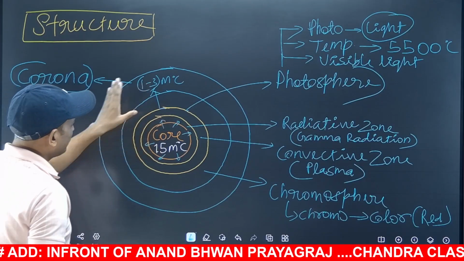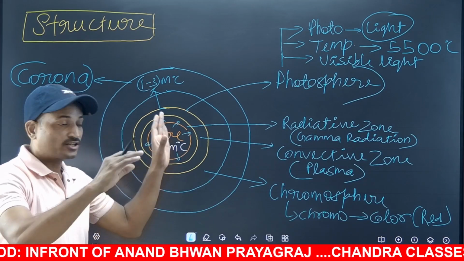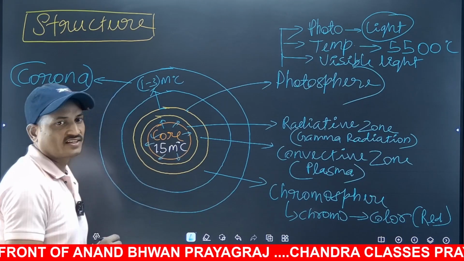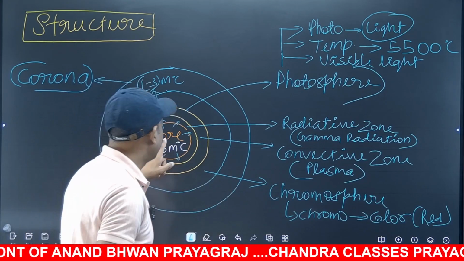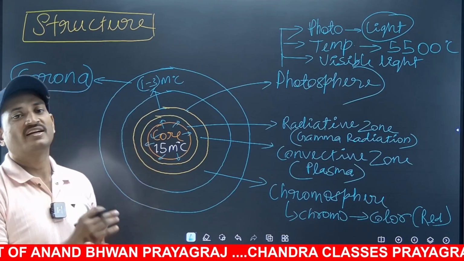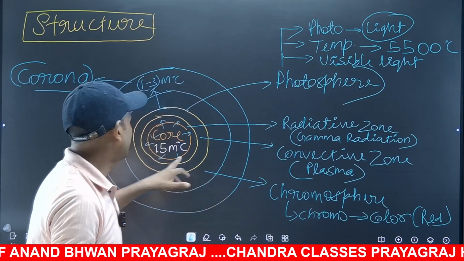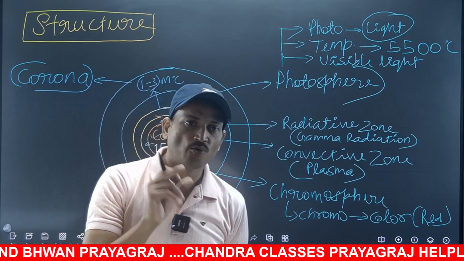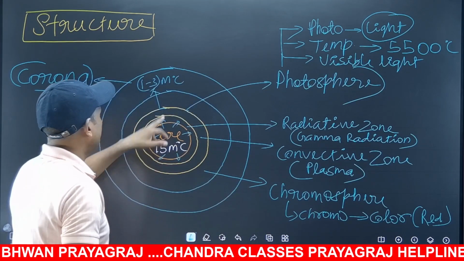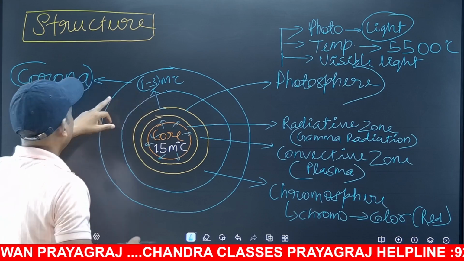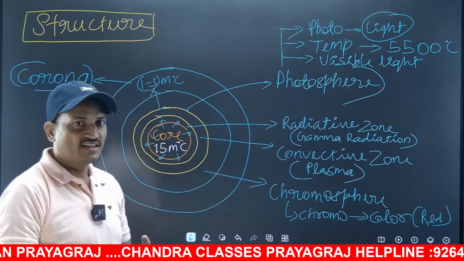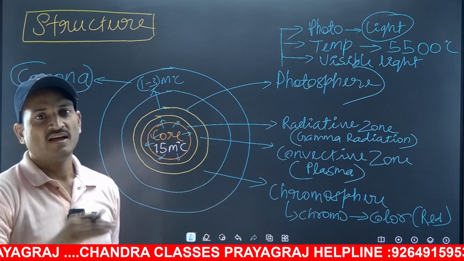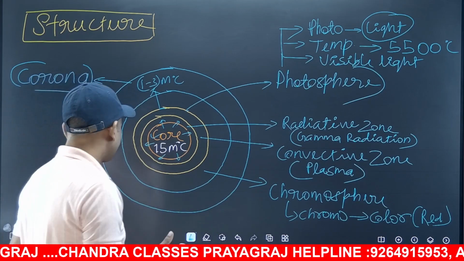But if we talk about the entire sun, or the entire solar system, the highest temperature is found at the core of the sun. This is the highest natural temperature in the solar system, anywhere that exists, around 15 million degrees Celsius. But the temperature of the corona is only 1 to 3 million degrees Celsius, which is highest in the atmospheric layers of the sun, chromosphere, corona, etc.